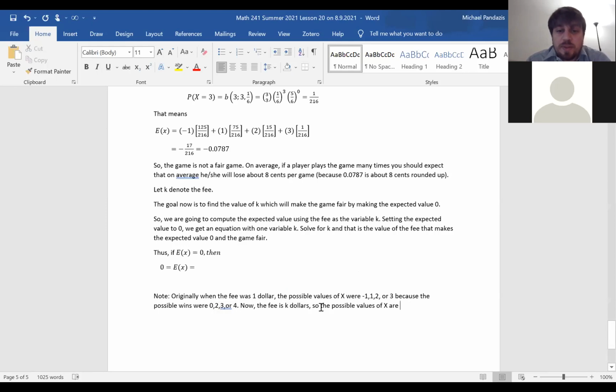So the possible values of X are 0 minus K, 2 minus K, 3 minus K, 4 minus K, right? It's all the possible amounts you could make, subtracting the fee from each of them, which is K. 0 minus K is just minus K, but I wrote 0 minus K to illustrate how you get minus K. Okay, so these are the possible values of capital X.